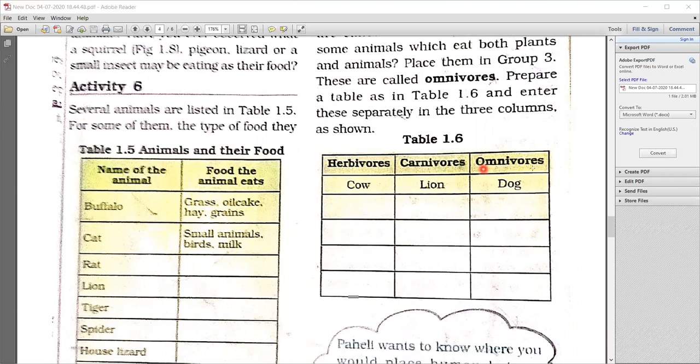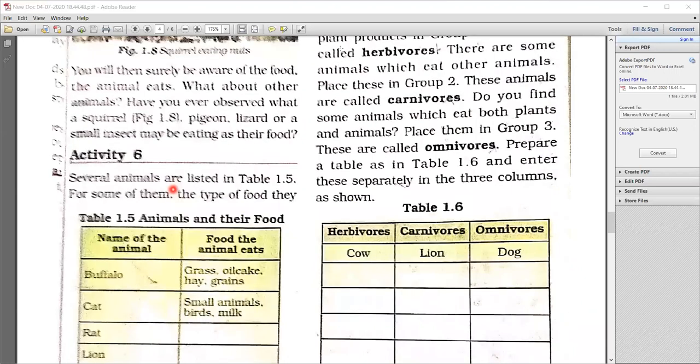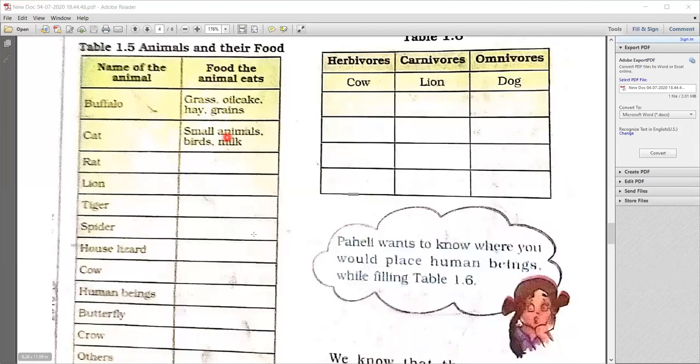In activity number 7 in your book, it is also mentioned, the categories of animals. Table 1.5, Animals and their food products. On the next page, I have also drawn this table, children. I have made two columns.